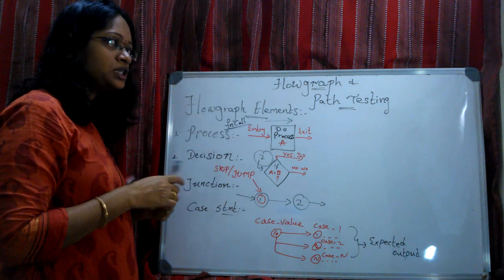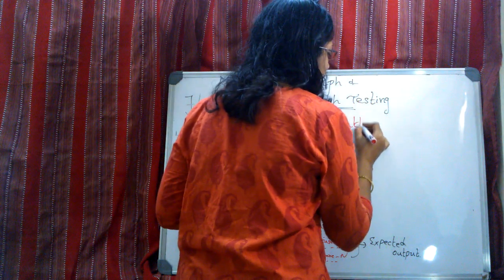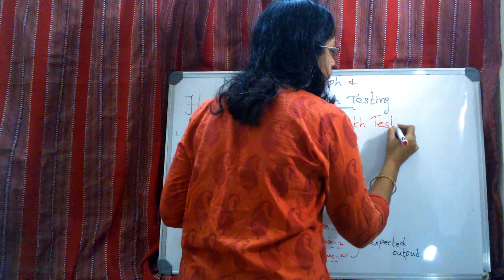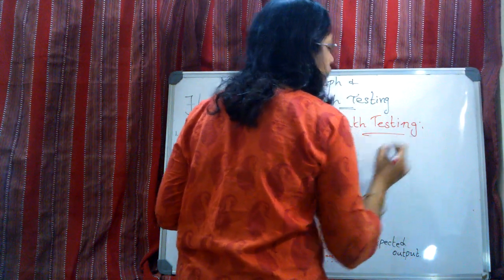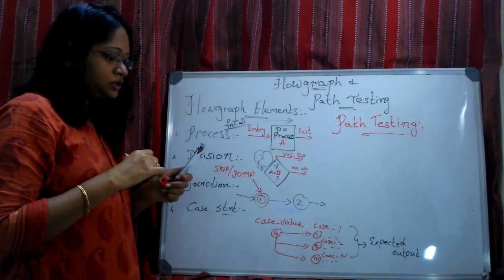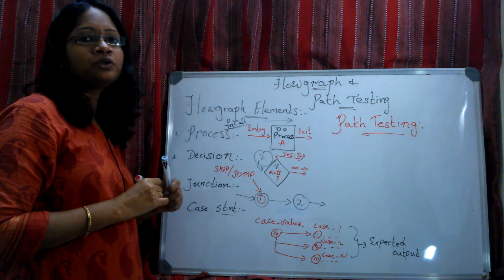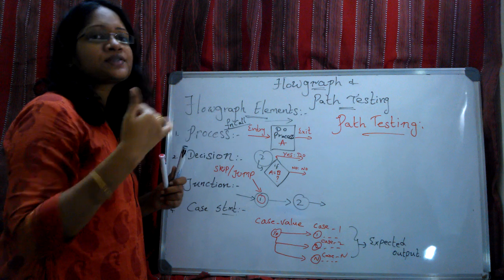Now we are going to see path testing. Why do we have to test this path? We give one input and get one output. To get the expected output, we test this particular path, to check whether each flow is correct or not.